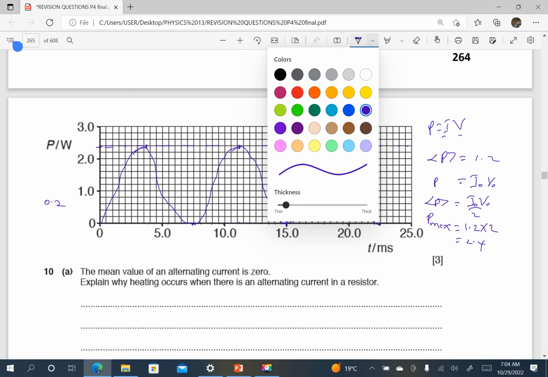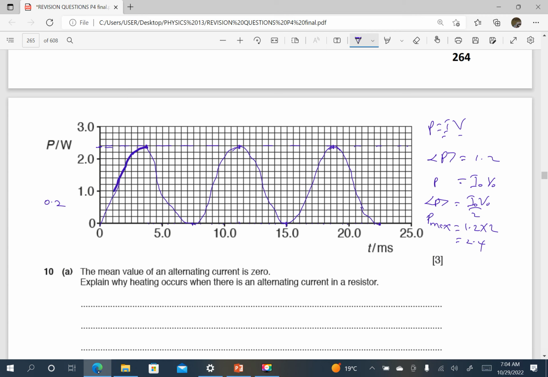You can make it bold. The peaks should be at the right positions, corresponding with the time on the first graph that we saw, on the graph of E.